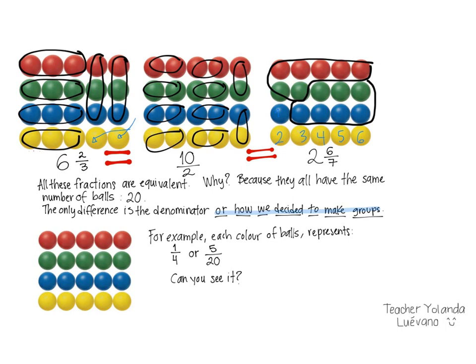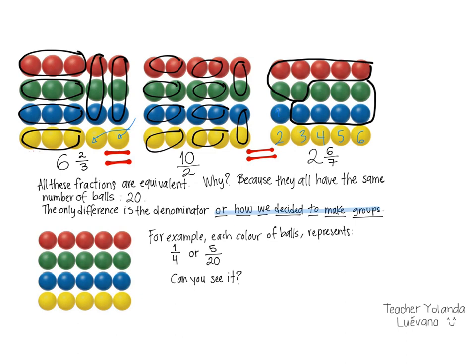Well, if it's 1/4, that means that we're going to divide our groups here into 4. So 1 group, 2 groups, 3 groups, and 4 groups, each color. Can you see? The red is only 1 out of 4 groups of colors, and they are all exactly the same. Now we have to make another one.